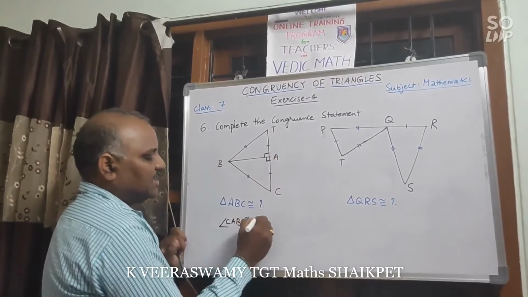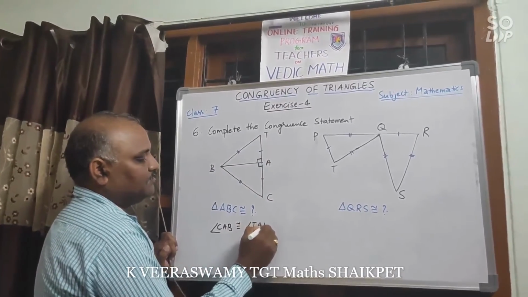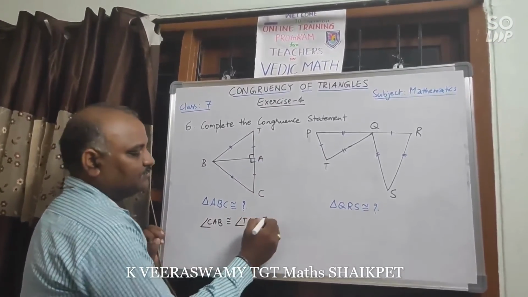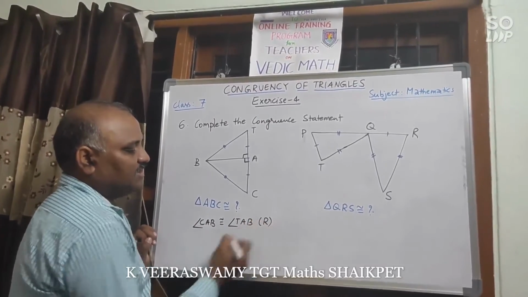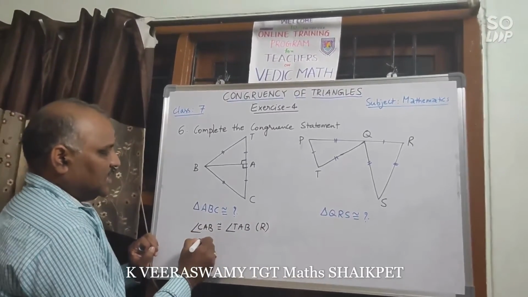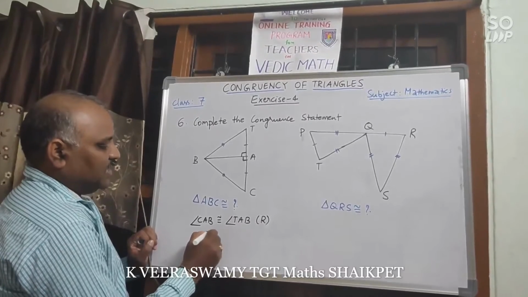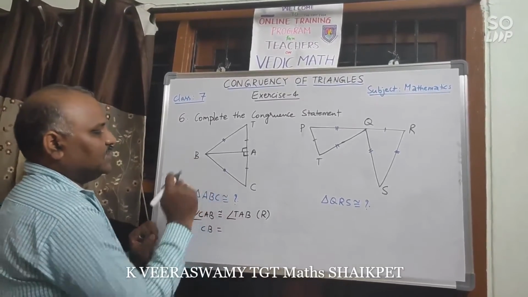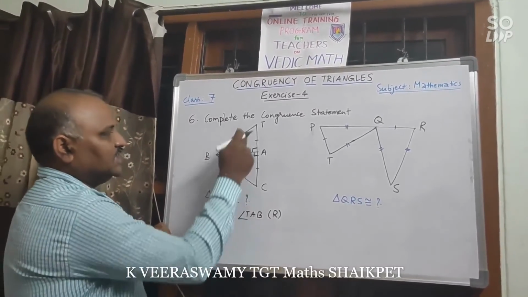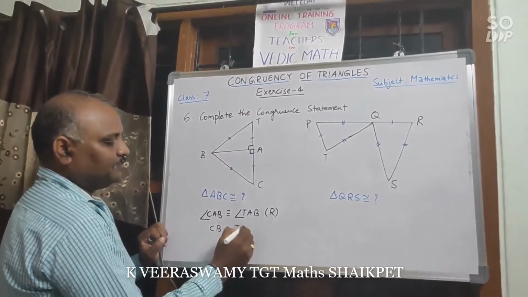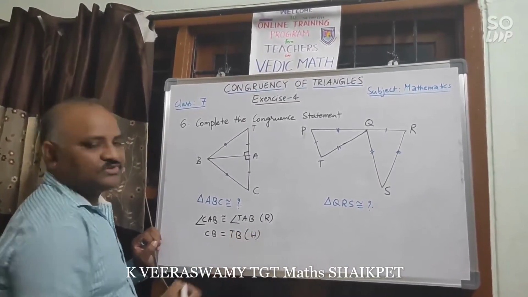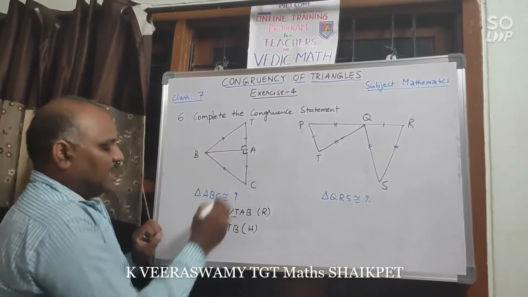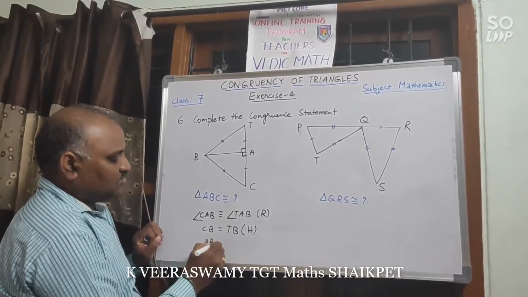Here we can take angle CAB equal to TAB. So this is right angle. Next, here CB is equal to TB, which is hypotenuse. This is hypotenuse, and AB is equal to AB. This is common side.